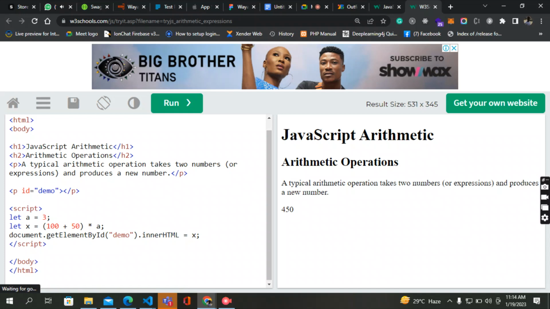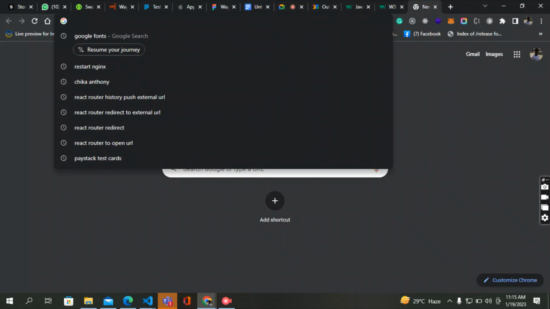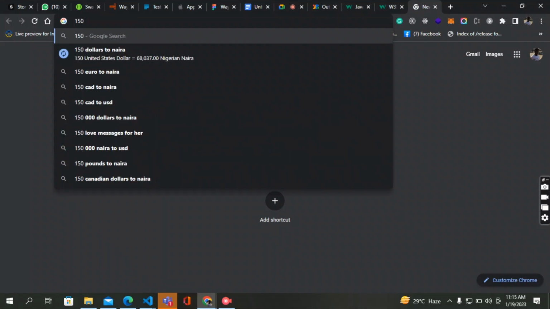That is 150 times 3, which is 450, right? So if we say this one is raised to power 3, that means 150 times 150. Am I right? Let me see if we are correct.